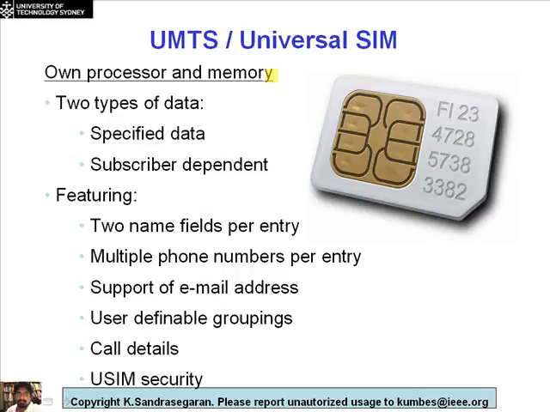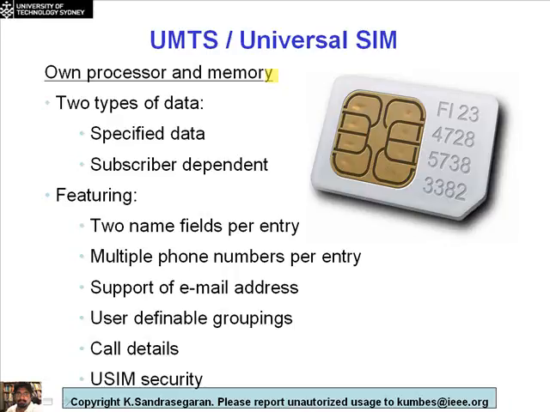In terms of the USIM, as I told you earlier, the USIM is more complex than the SIM that existed in previous networks. It allows other possibilities, like for every entry you could have 2 name fields. So for example, if you wanted to keep people's names in both English as well as, say, Mandarin, you can do that in this USIM card.